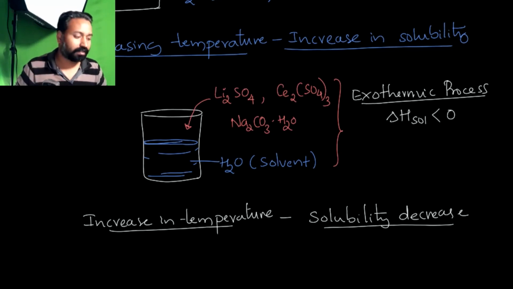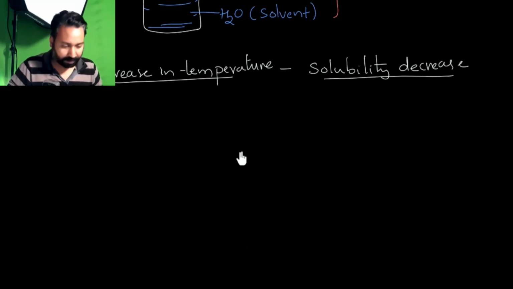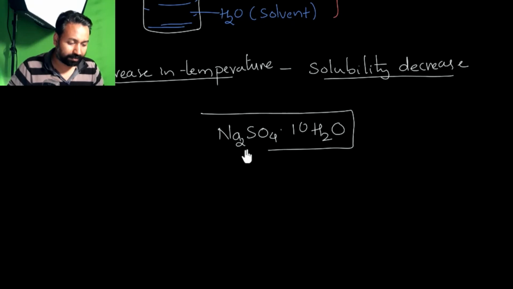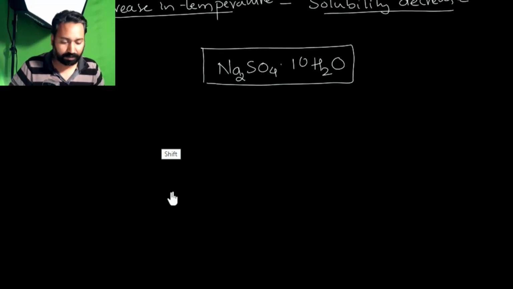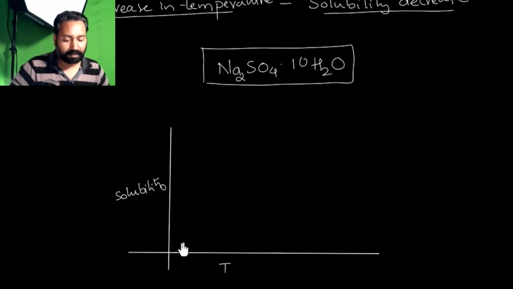Okay, this is all about temperature, but there are some special molecules. Take one molecule, Na2SO4.10H2O. This molecule is very interesting, students. Its solubility varies with different temperatures. Let me draw a graph for this molecule: this is the temperature coordinate, and this side is solubility.